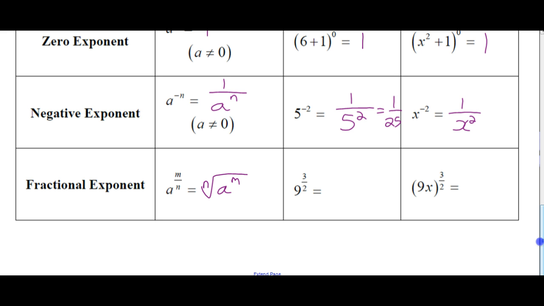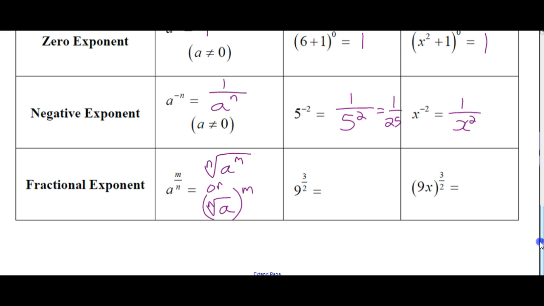It's the nth root of a to the power m, or it's the nth root of a raised to the exponent of m. If you're doing it without a calculator, this is a lot easier to do, right? Find the root.